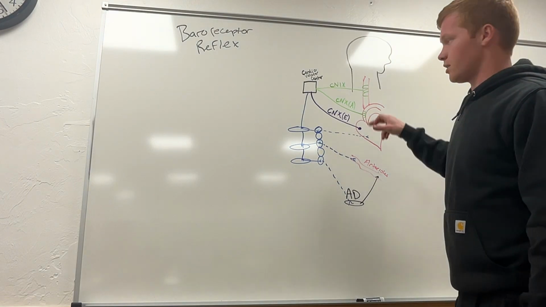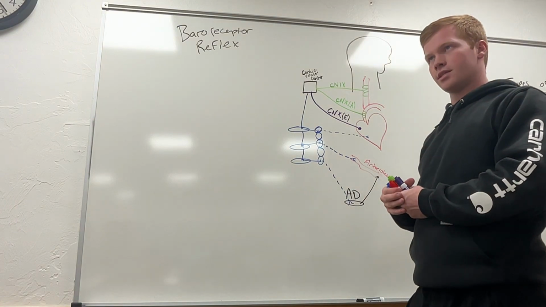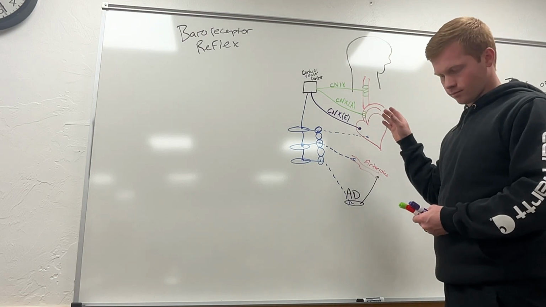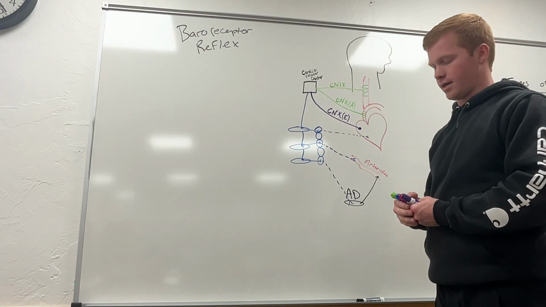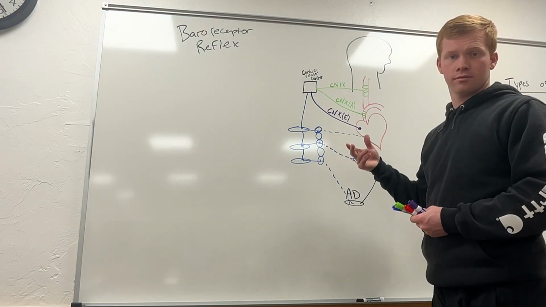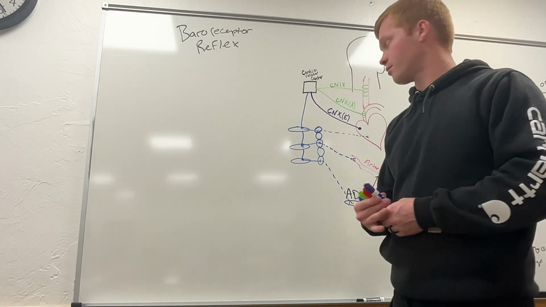But the parasympathetic will want a decrease in heart rate or decrease in blood pressure. So we have an increase in blood pressure, increased stretch. The parasympathetic can respond by causing the heart to beat slower, I think, and combat it. I need to look into that a little more.